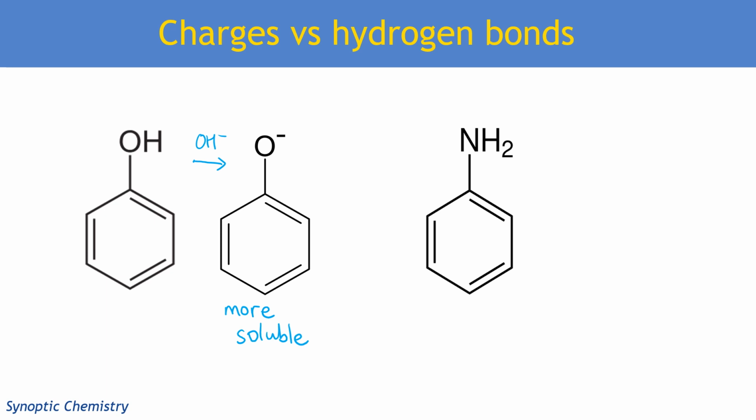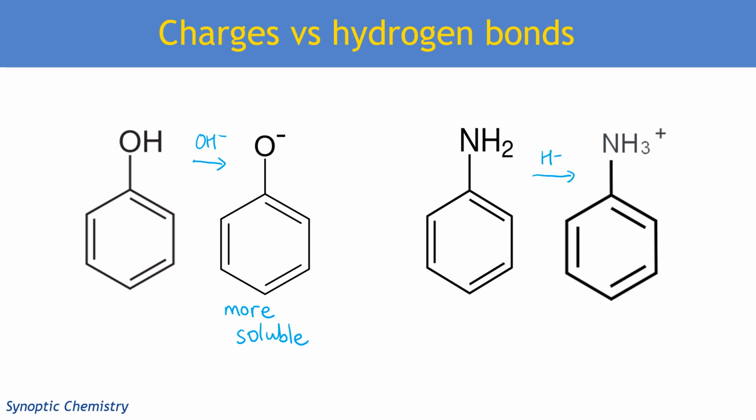Another thing that can happen is that amines, so our NH2 group, if I add H+, hydrochloric acid or something like that, I'm going to form the ammonium ion, and that has a positive charge, so again that is much more soluble. That comes up sometimes in questions about how we separate out a compound.